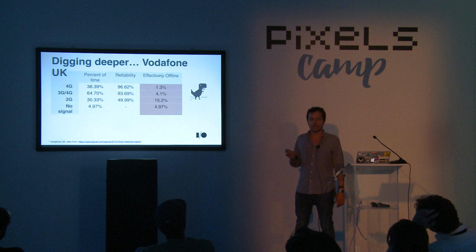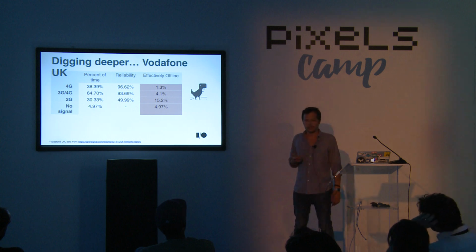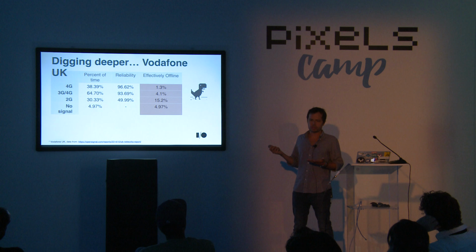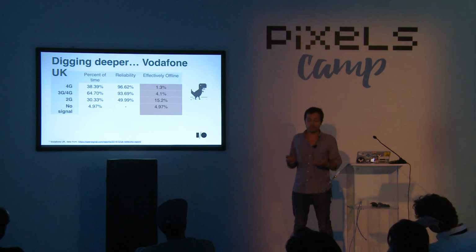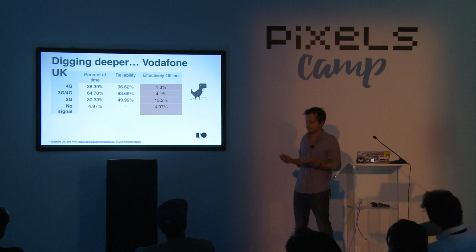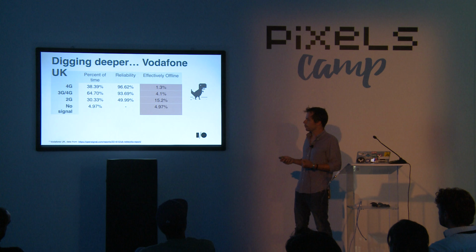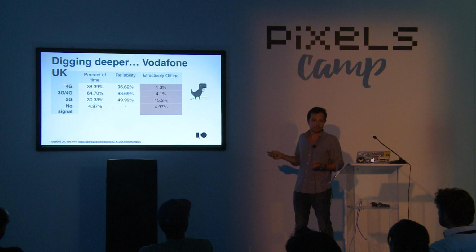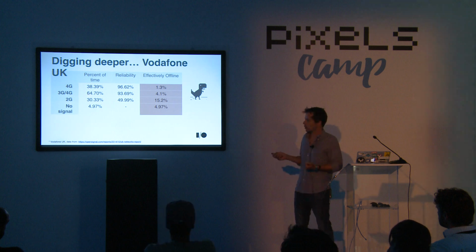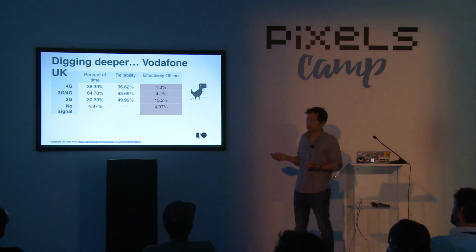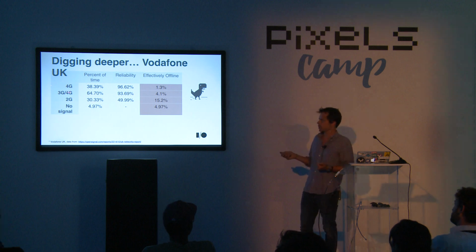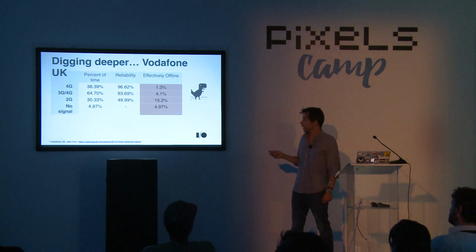You can only imagine what it's like in developing countries, not only because of the quality of the mobile network, but also because of the backbone connectivity, and the average quality of the devices. They will not implement the fastest protocols right away, and they will have weaker batteries and smaller antennas, and you can expect to be offline much more than this.